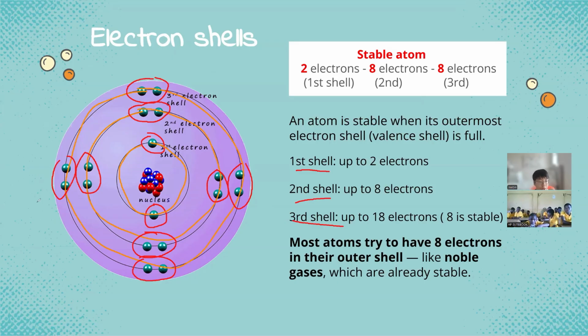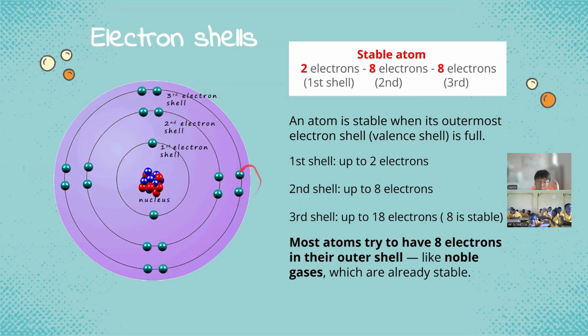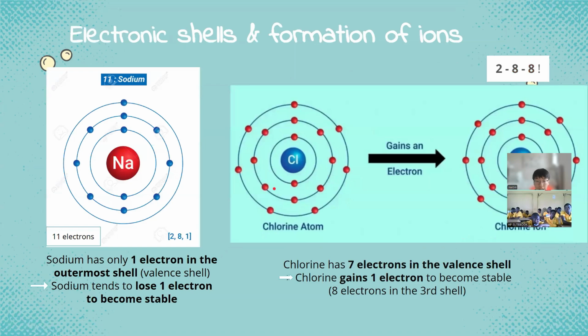And it is important to note that many atoms want to have 8 electrons in the outer shell, and that is called like a noble gas, or the most stable form. So this can be a little confusing, but it's okay if you don't get it on the first try.